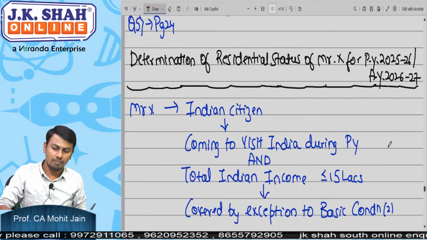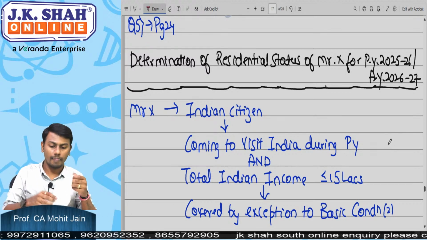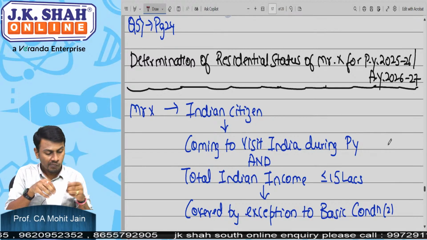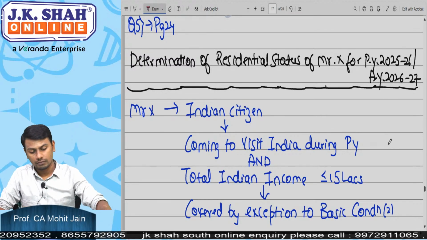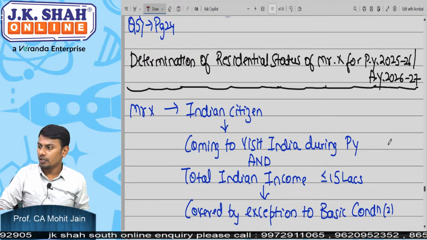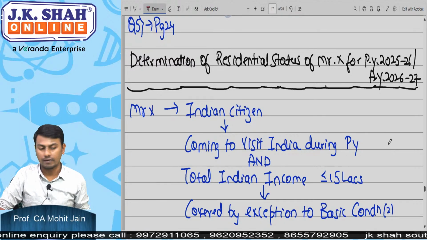Write down question number 5. Determination of residential status of Mr. X for previous year 25-26 or assessment year 26-27.